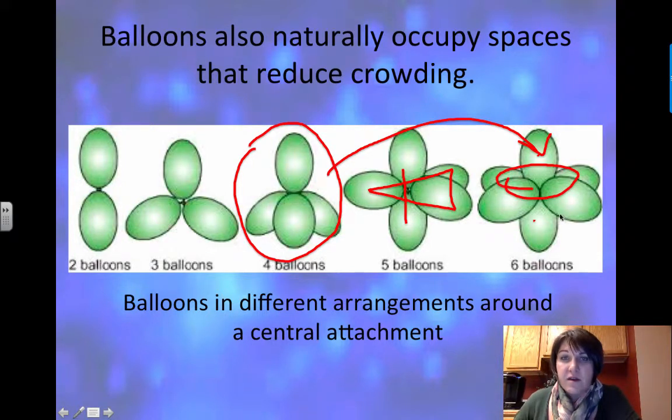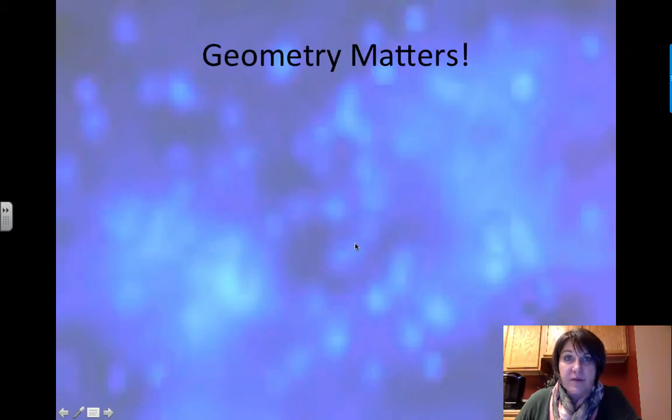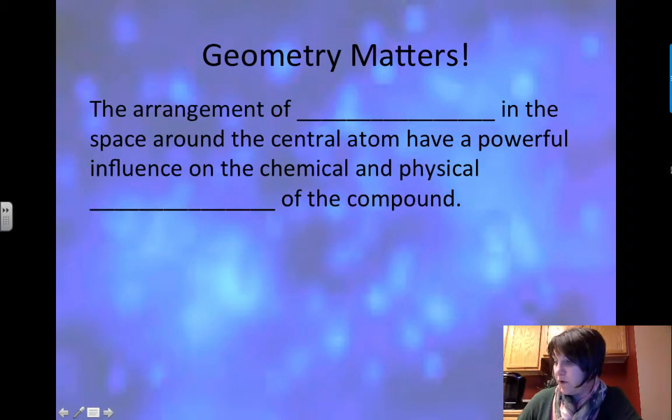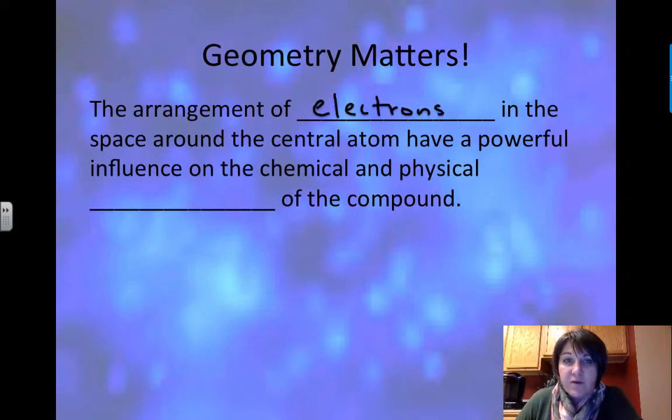So that's what balloons do, and it's also similar to what electrons do when we put them around a central atom. And geometry is really important. The arrangement of electrons in space around the central atom has a powerful influence on the chemical and physical properties of a compound.